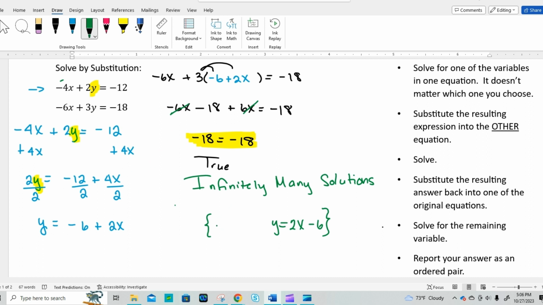So I've got the set, which is what those curly braces mean, of the points x and y. And this straight line means such that. So what this statement really says is the set of all points x and y such that y is equal to 2x minus 6.